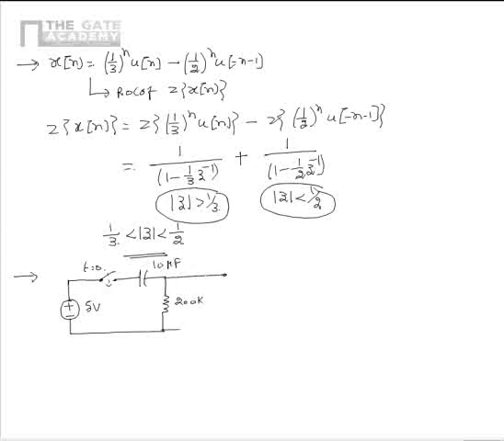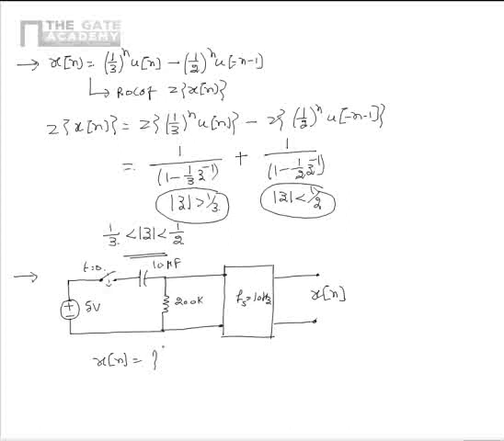The output of the resistor is given to a sampler which samples at Fs equal to 10 Hz, and the obtained output of the sampler is x of n. We need to find x of n from the given network.